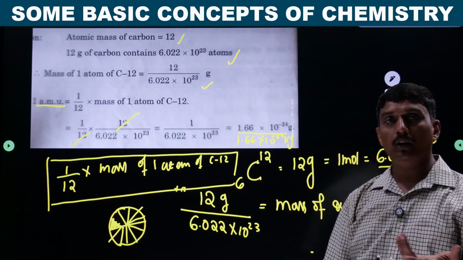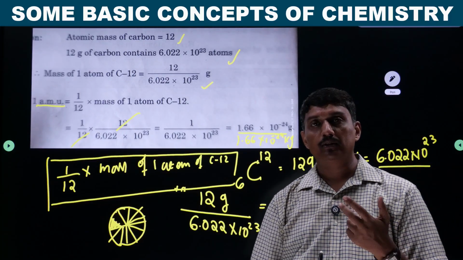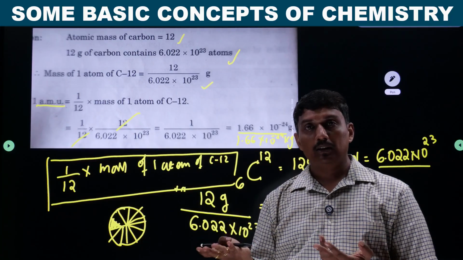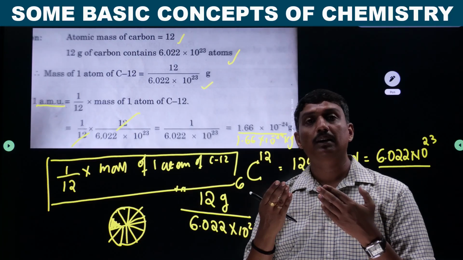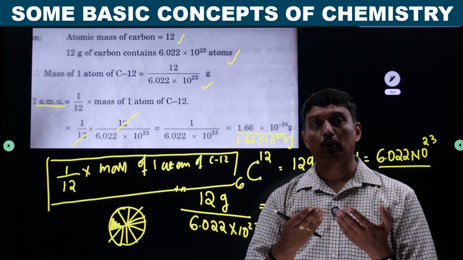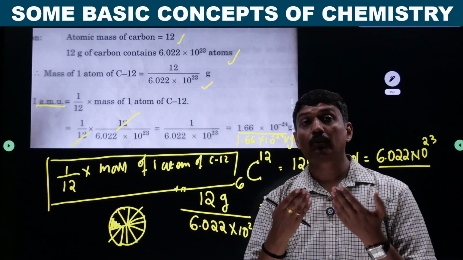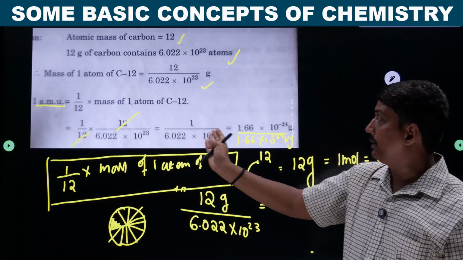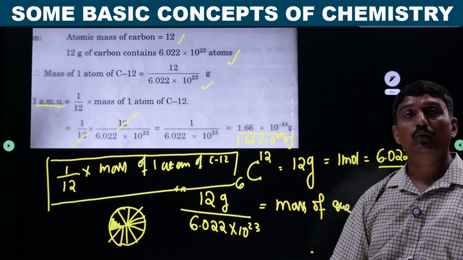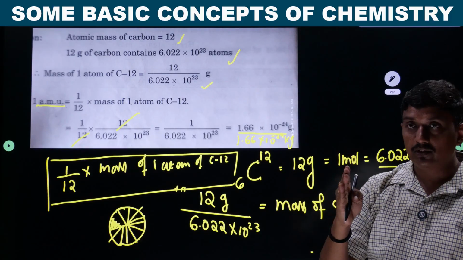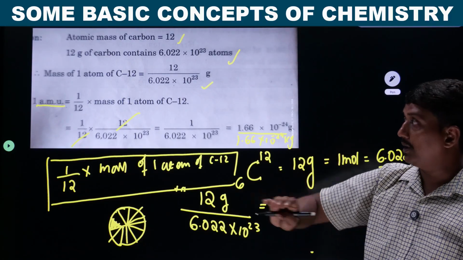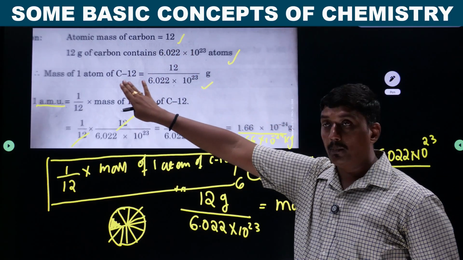For carbon, number of protons 6, number of neutrons 6, total 12. If you represent it in grams, it is the gram atomic mass, that is 12 grams. It can also be expressed in terms of AMU by multiplying with this value. So this is another method to express atomic mass.